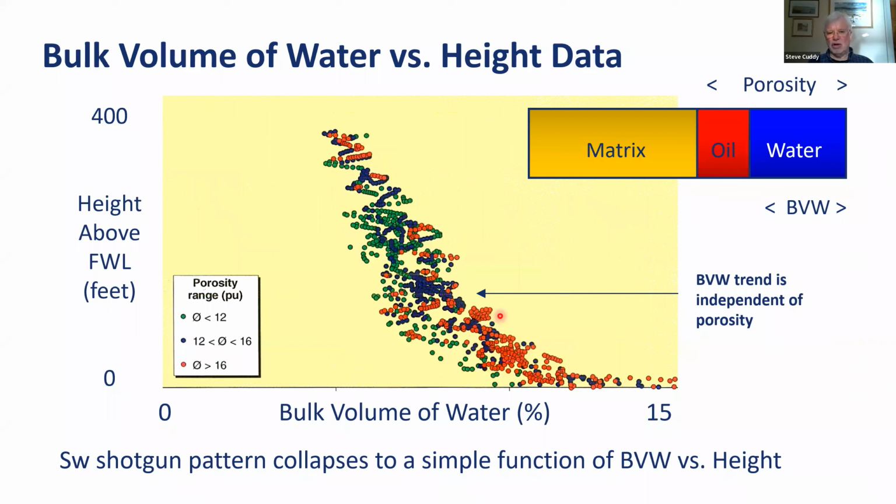When you've got oil and gas, I've got a separate presentation on that, and it's very important. You've got two free water levels. You've got the free water level to water, and you've got the free water level to gas. Now, the free water level to gas is actually in the oil leg itself.